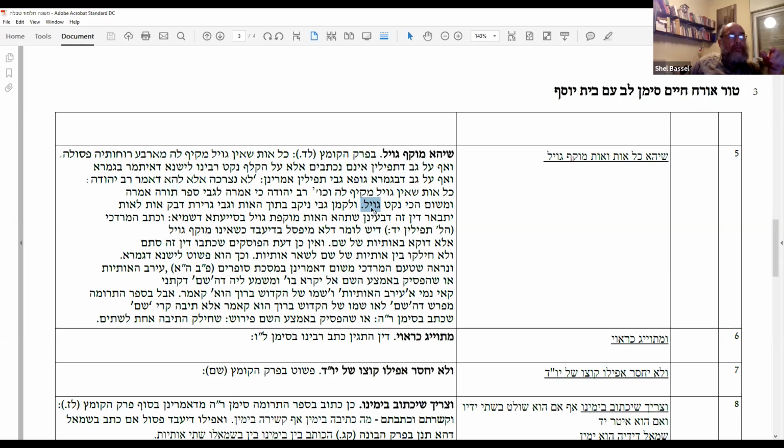But the implication is that just like in a sefer Torah, all the letters have to be completely surrounded by white space, we'll call it, blank space. Just like in the Sefer Torah, that's true. This is also going to be true for Tefillin and for Mezuzah.